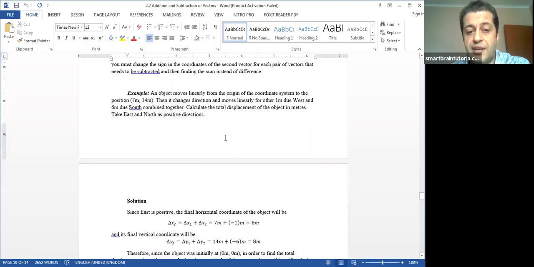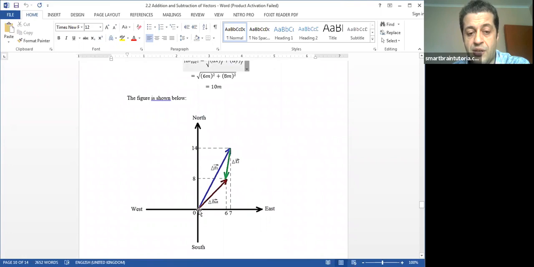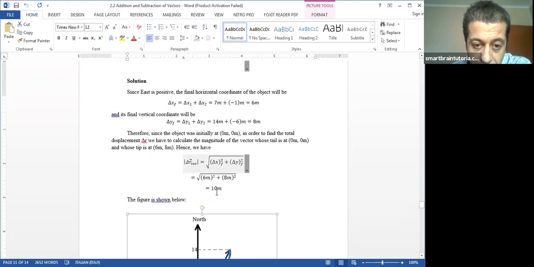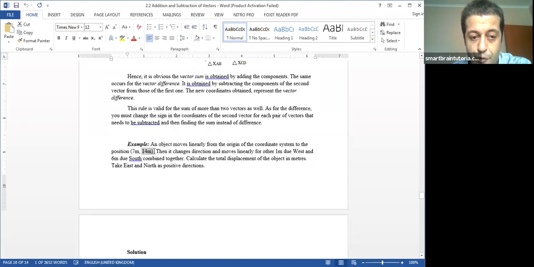An object moves linearly. Linearly means in the same direction, in a straight line, from 0 to this position here. This is the first vector. Let's see the numbers better. So an object moves linearly from the origin of the coordinate system to the position 7 meters, 14 meters.